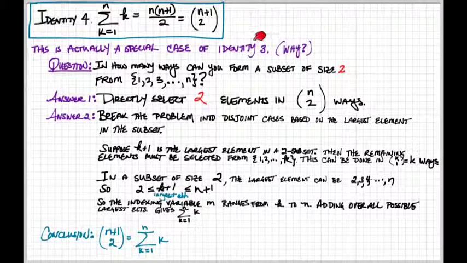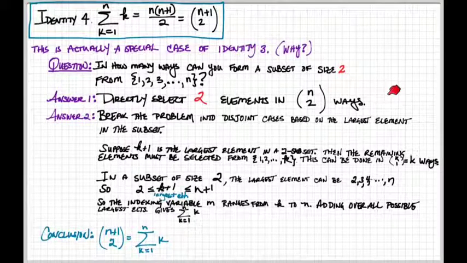So we want a question whose answer is n plus 1 choose 2, and that question can be, in how many ways can you form a subset of size 2 from the set of 1 through n plus 1? The first answer is the direct one, that we are selecting 2 elements from n plus 1, so there are n plus 1 choose 2 ways to do it.